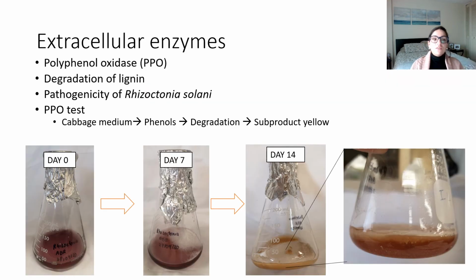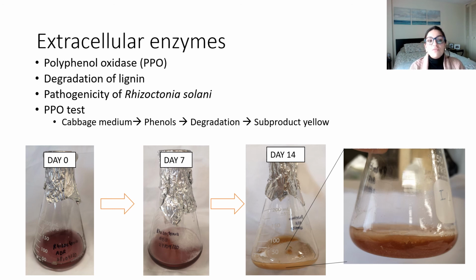The last part of this lab are the extracellular enzymes, and one of those is polyphenol oxidase. These enzymes are responsible for degrading lignin, and therefore they're very necessary for the pathogenicity of different fungi, among them Rhizoctonia solani.